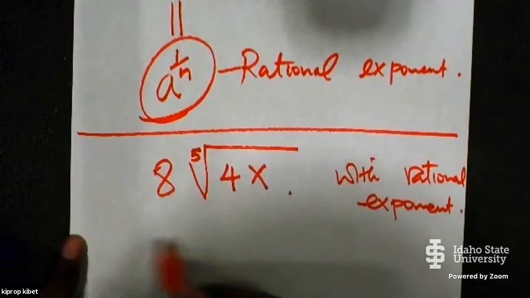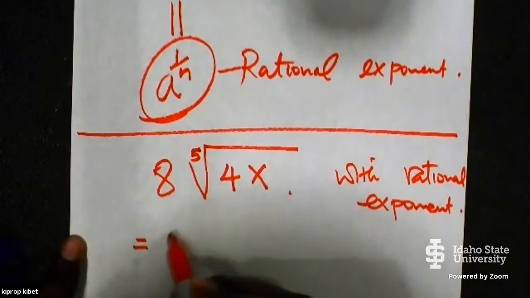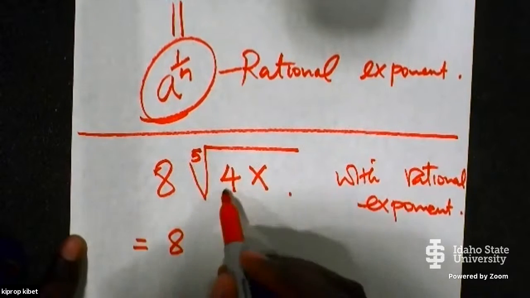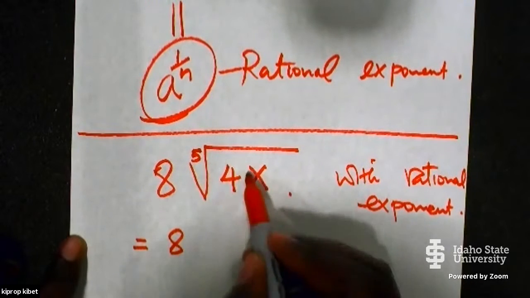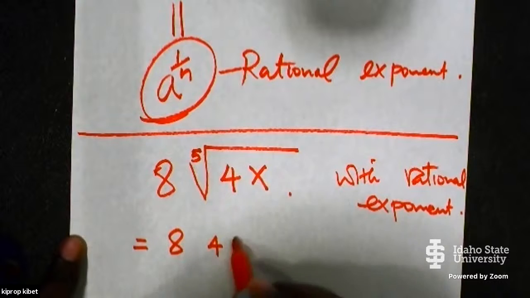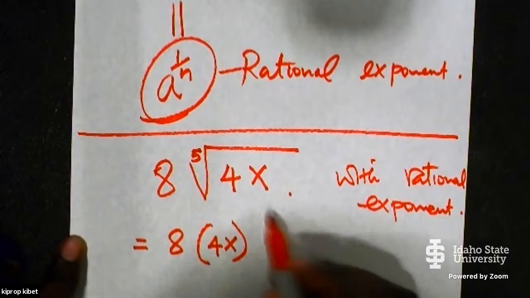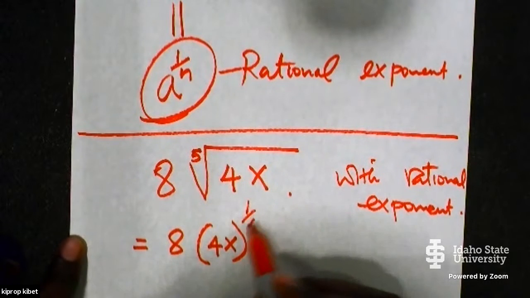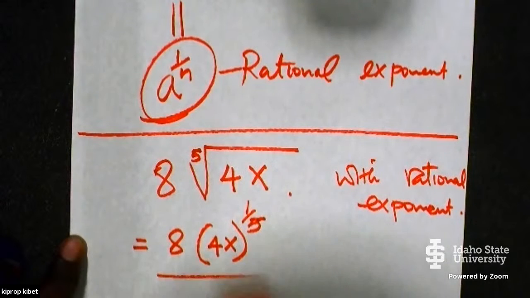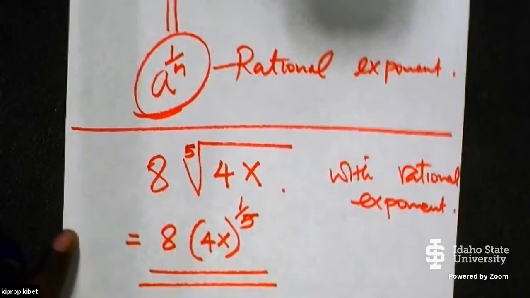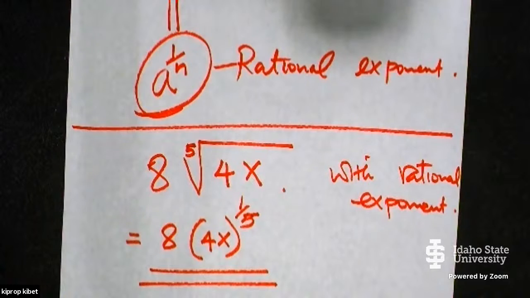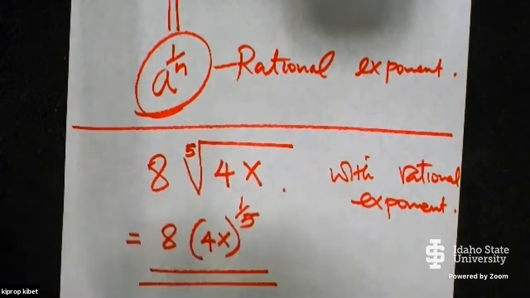So 8 will still remain the way it is. So 8, and then this will be what? 4x, and then raised to what? 1 all over 5. So this is in rational exponent form.